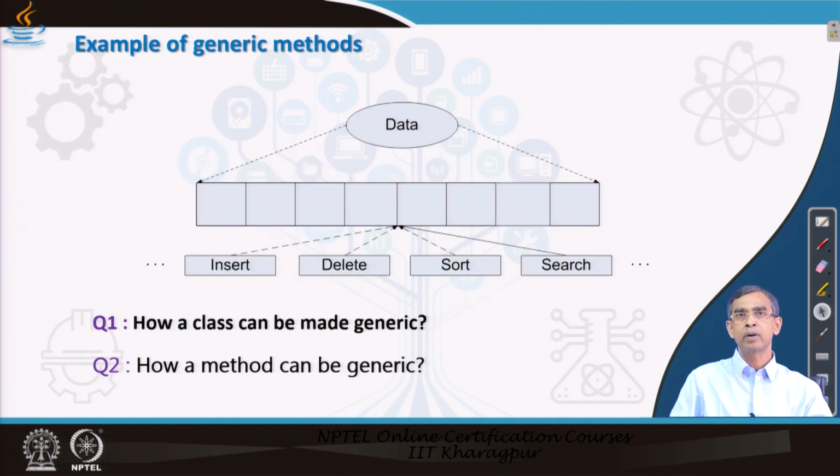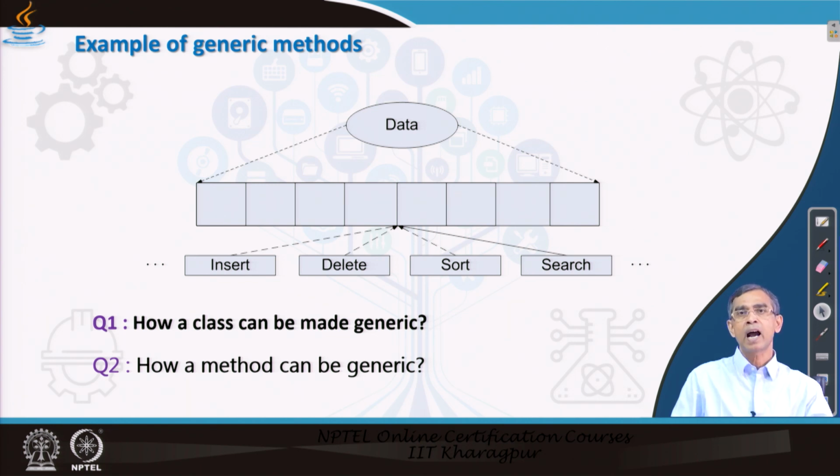So far as generic programming is concerned, I can give an example. If you want to store an array of data, you can store it using an array, which you probably know. An array is basically a collection. Now, there are different operations possible to deal with this data.